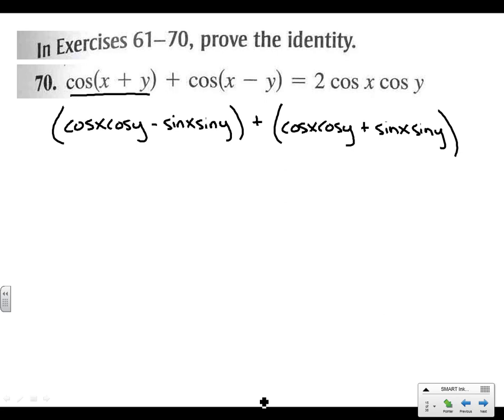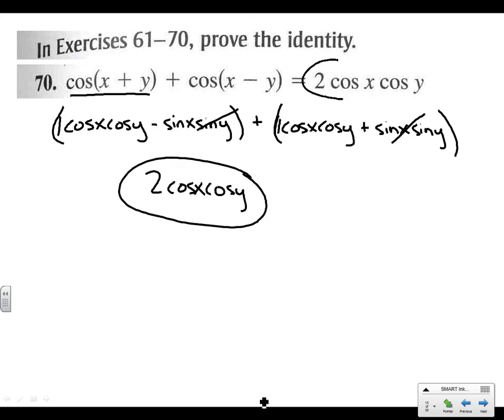All right, there is nothing to be distributed, no multiplying, so we really don't need the parentheses. Let's go ahead and collect our like terms. A negative and a plus cancels out. There's 1 here and 1 here. Add them together, that's 2 cos x cos y. And in just 2 steps, we have proved that the left side is equal to the right side.